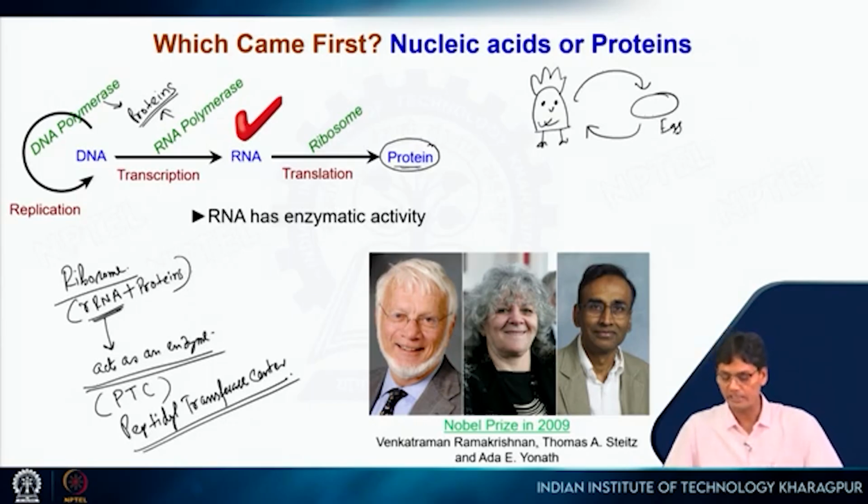In 2009, Venki Ramakrishnan, Tom Steitz and Ada Yonath received the Nobel Prize in chemistry for their work, particularly understanding the structure-function relation of ribosome and how it helps in translation, and so many different insights of ribosome.